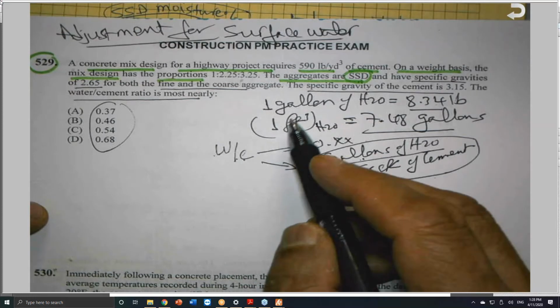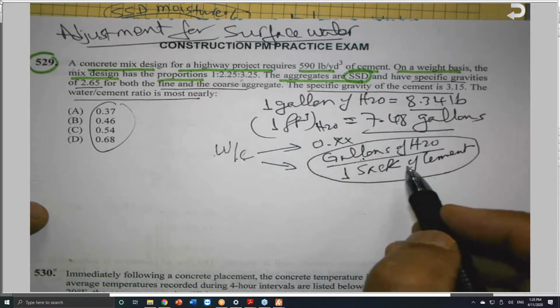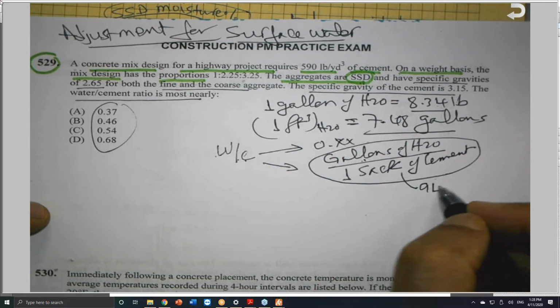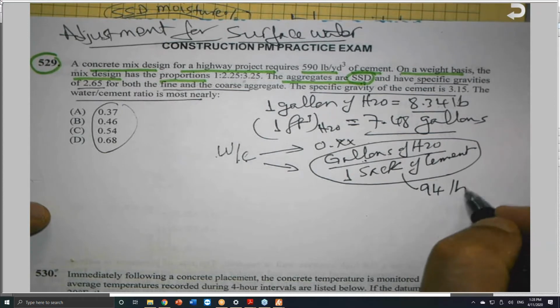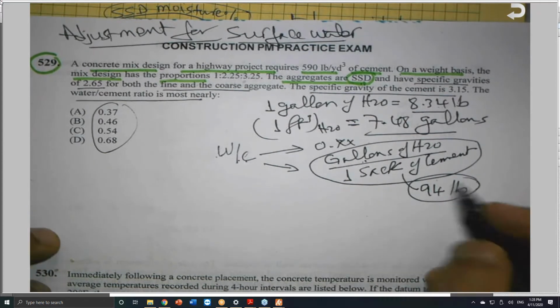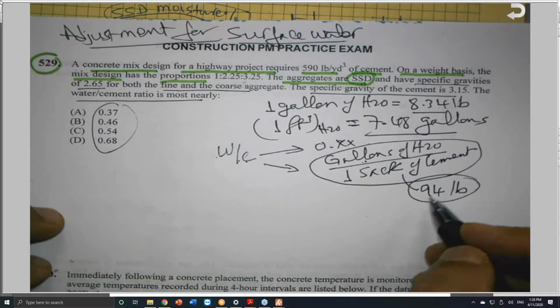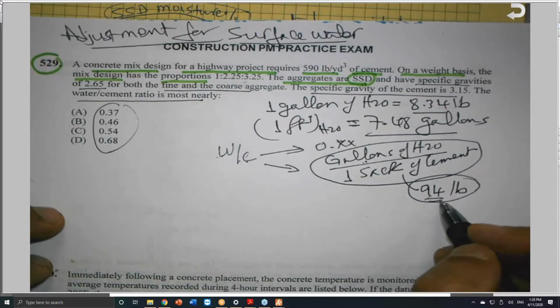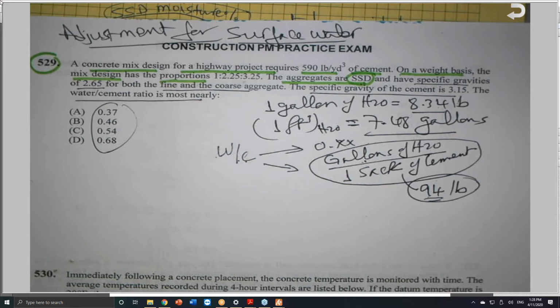And we know each gallon has 8.34 pounds, and I know 1 sack of cement is 94 pounds, as you know. Each sack of cement, 94 pounds. And they made it 94 because this is the volume of 1 cubic foot. They didn't make it 100. A sack of cement is 1 cubic foot volume, so it weighs 94 pounds, not 100 pounds.